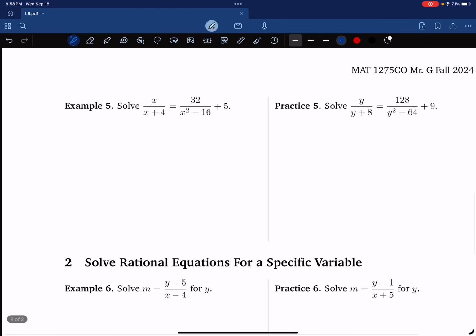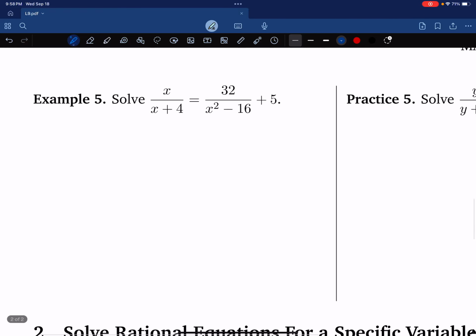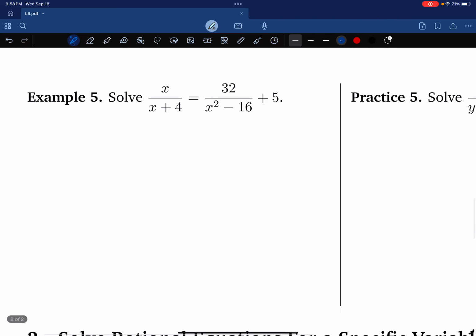Okay, example 5. Let's start with the LCD. x plus 4 we factor into x plus 4. x squared minus 16 is in the form of a squared minus b squared. This is because 16 is 4 squared.